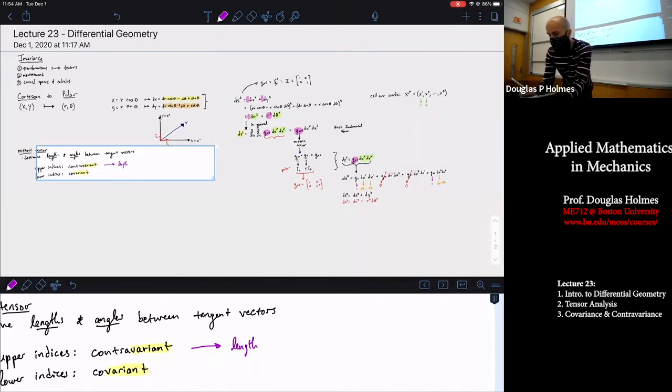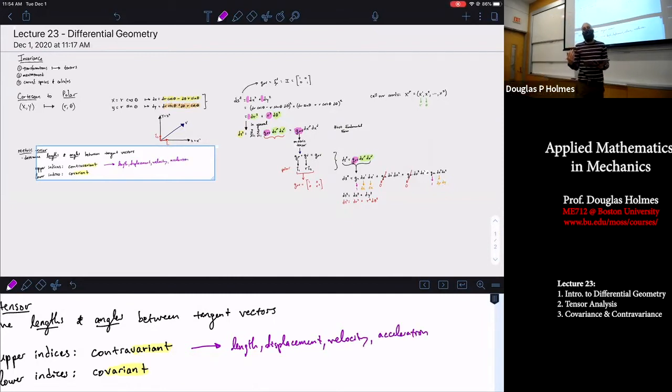So things that measure displacement, velocity, acceleration, these are all typically measured as contravariant tensors.